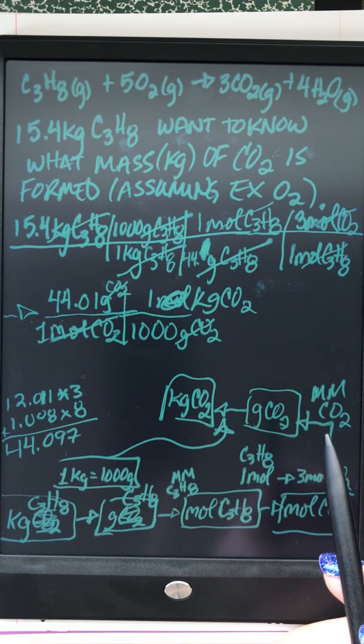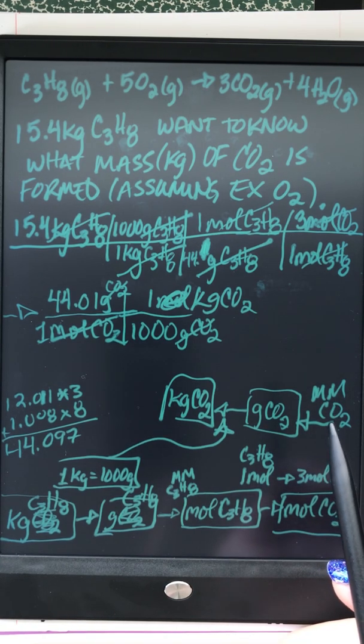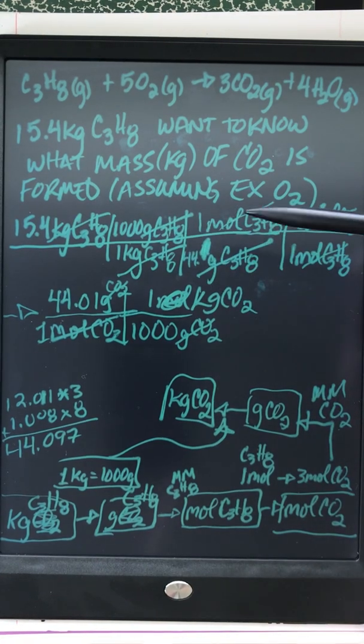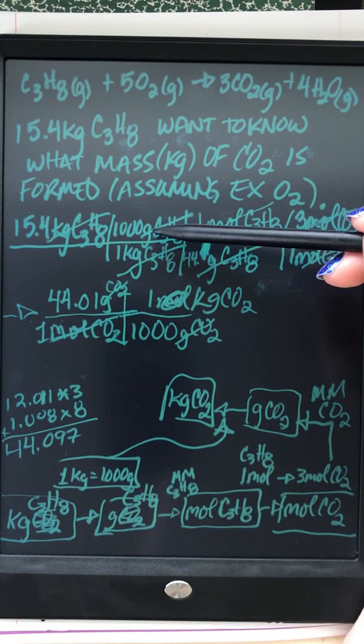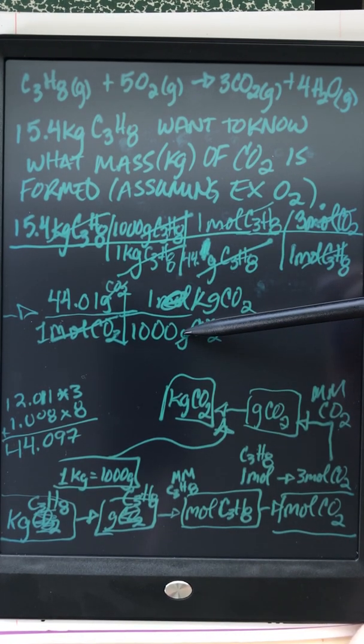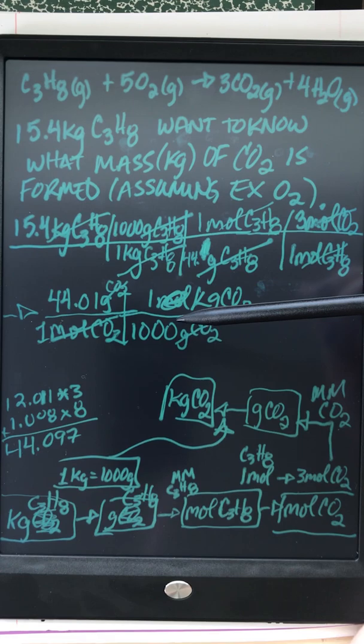So this would be a little bit easier to see if it were all on one line. But hopefully you can see that 1,000 grams is on top here and 1,000 grams is on bottom here, so I'm thinking get rid of it. You guys picking up what I'm laying down?